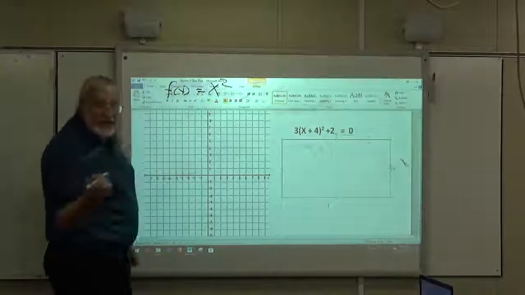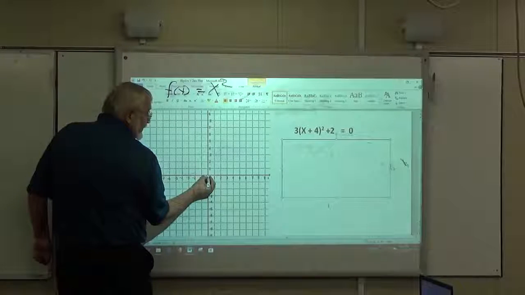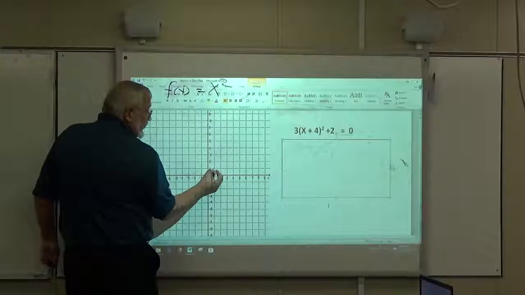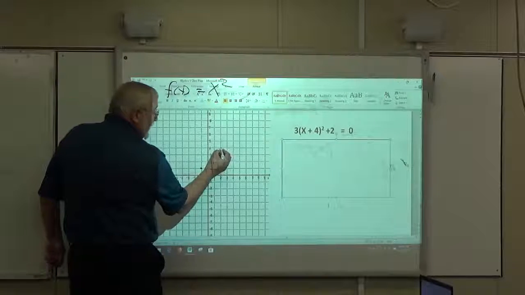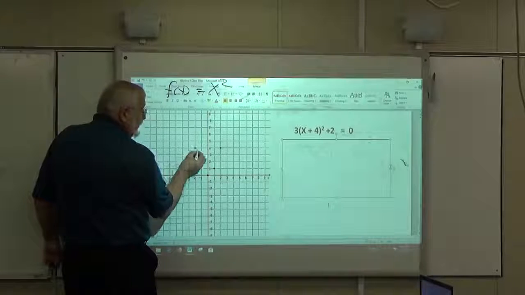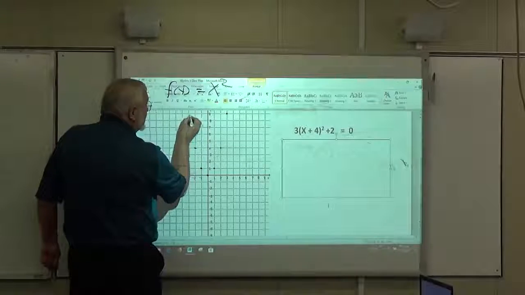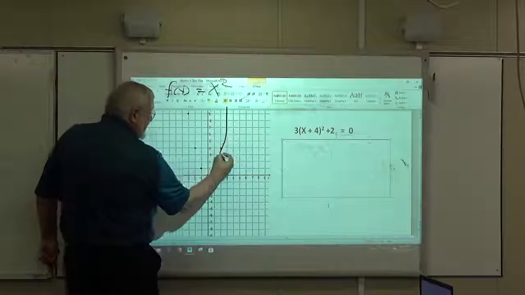When x is 0, y is 0. When x is 1, y is 1. When x is 2, y is 4, and negative 4. And when x is 3, y is 9, and negative 9. All right, so here's my graph.